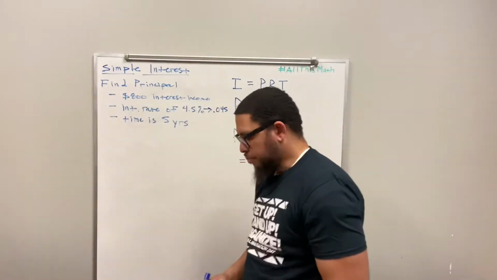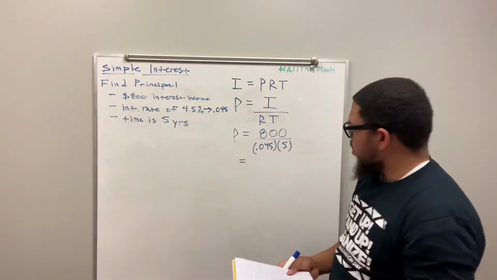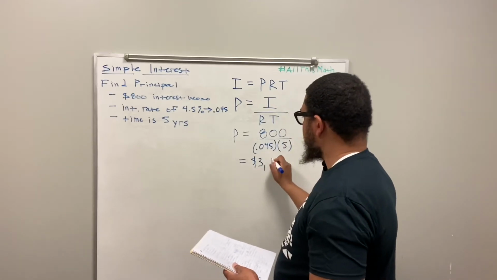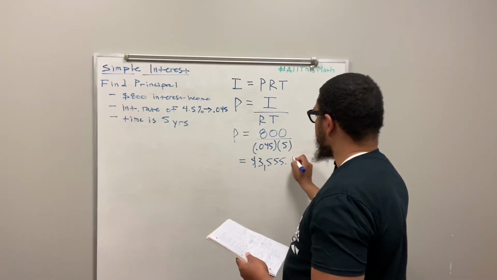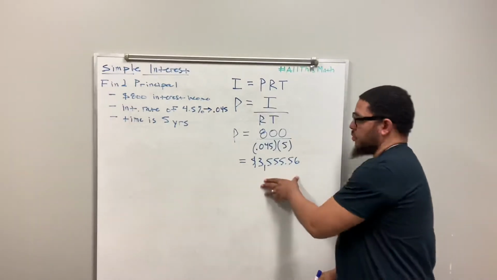That's what you want to do. And then what happens is, when you get that, you will have $3,555.56.